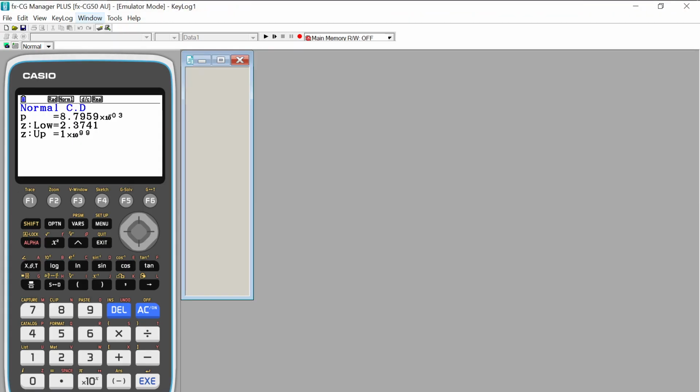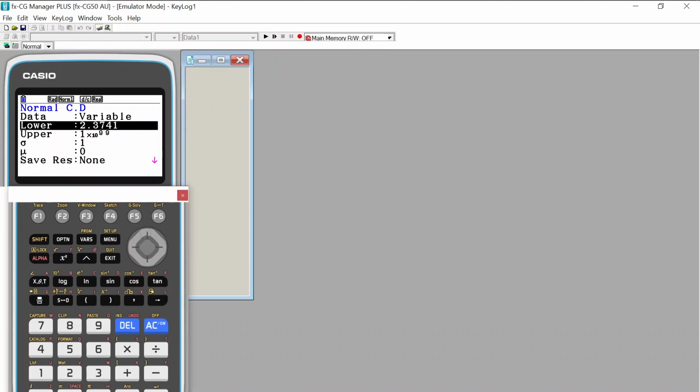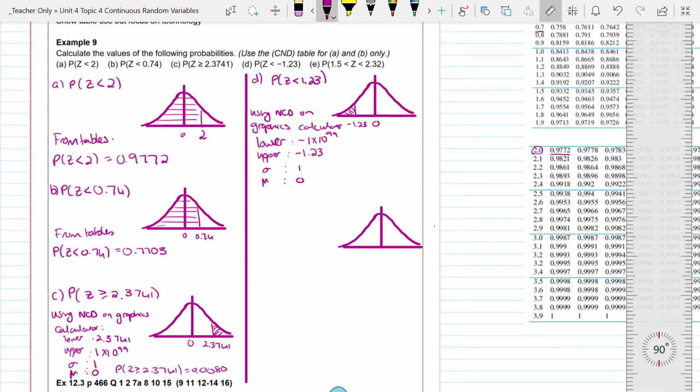And when we put that in our calculator, negative 1 times 10 to the 99, negative 1.23. Our probability is 0.1093. So our probability of z being less than negative 1.23 is 0.1093.